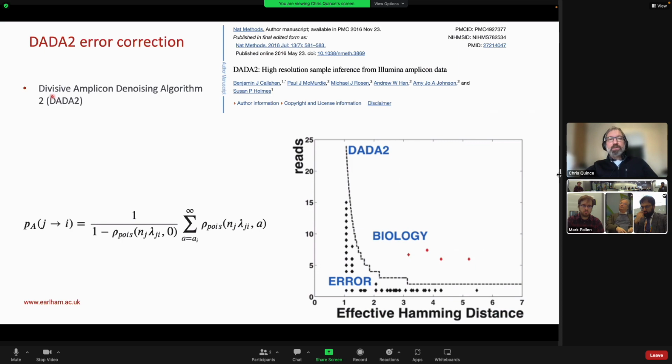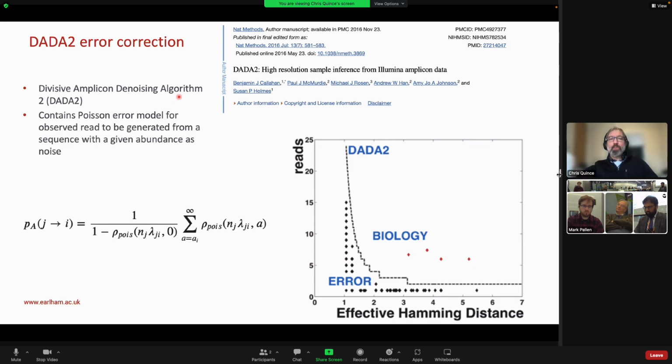Okay, so how does DADA remove errors? Well, DADA stands for Divisive Amplicon Denoising Algorithm. So what it basically does is it starts with the most abundant sequence in your data set. It says that is real, no problem. Then it goes to the next most abundant, and it considers the closest match to that you've decided is real.